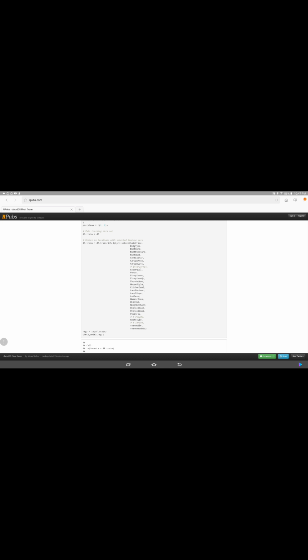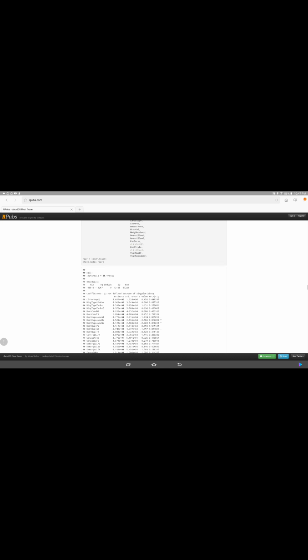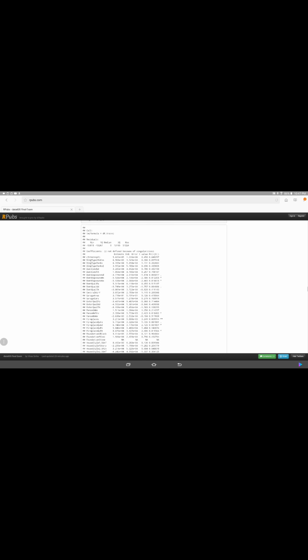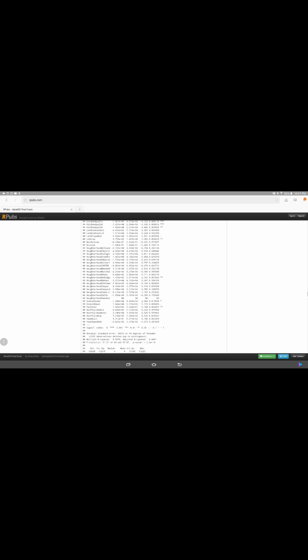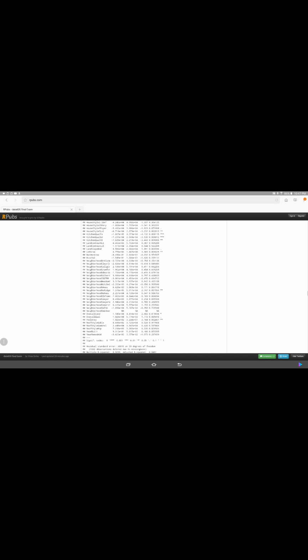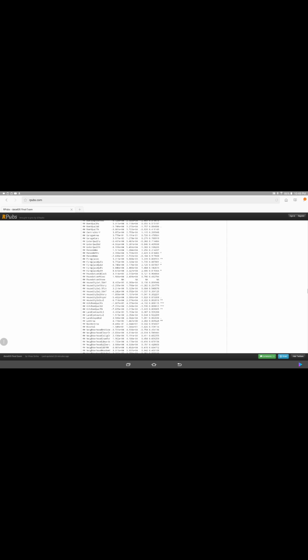So the next thing is to just use the lm function to create a model, and after doing that, I print the model summary. The summary shows, as you can see, all the variables with their coefficients and their associated p-values.